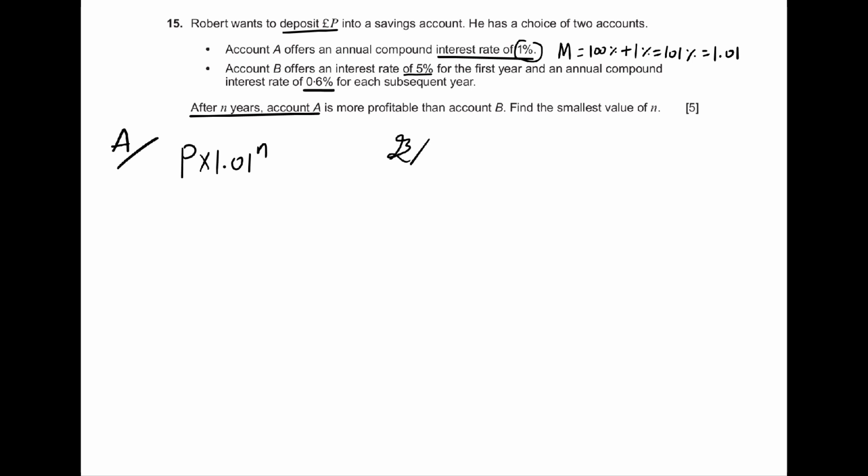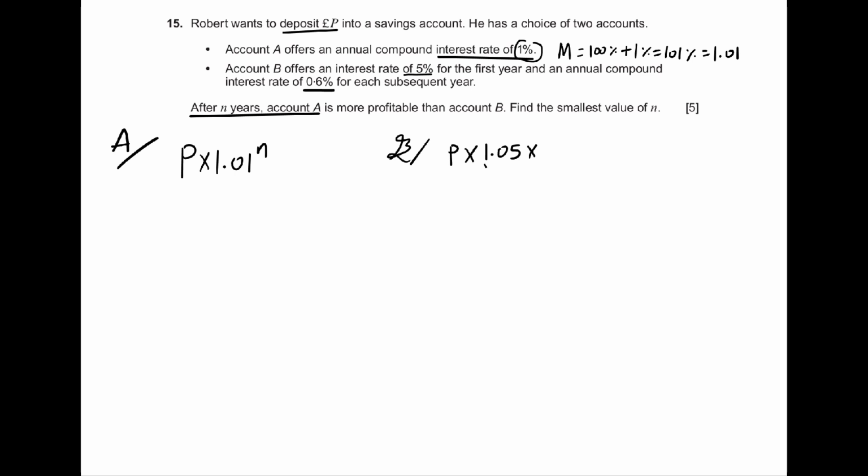However, for B, the amount in the account after n years will be P times, well, for the first year, there's an increase of 5%. So to work out how much will be in the account at the end of the first year, it would be P times 1.05. And then you've got another n minus 1 years if we want to work out how much will be in the account at the end of n years.